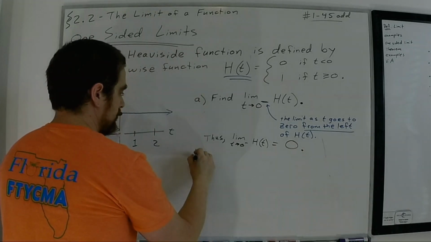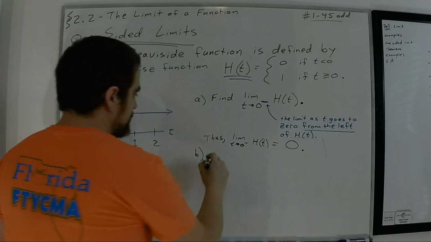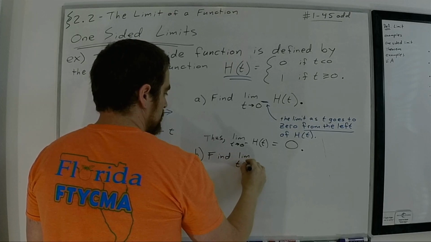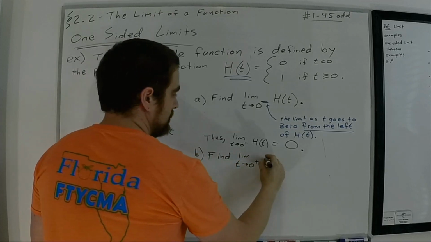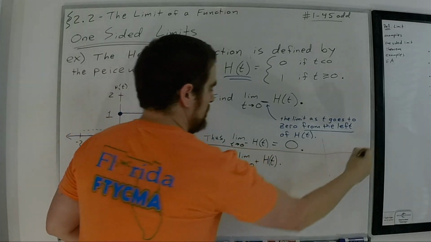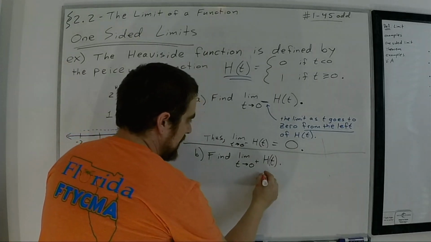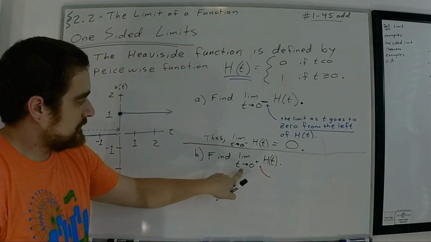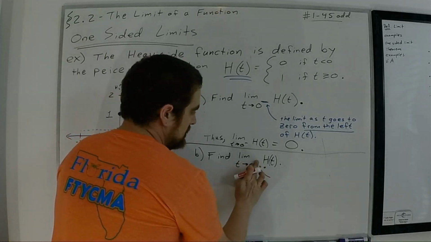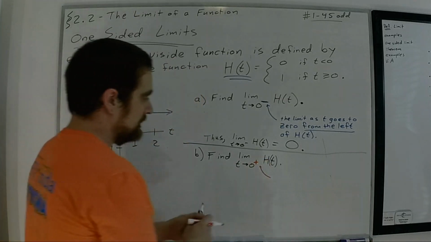And now we'll use the right-hand side limit, where we'll say find the limit as t goes to 0 from the right of h of t. Again, by looking at it from the right, you'll notice that there's this little positive. And it looks like it's t goes to 0 to the positive. What that means is it's just the notation, this little plus here, 0 to the plus.